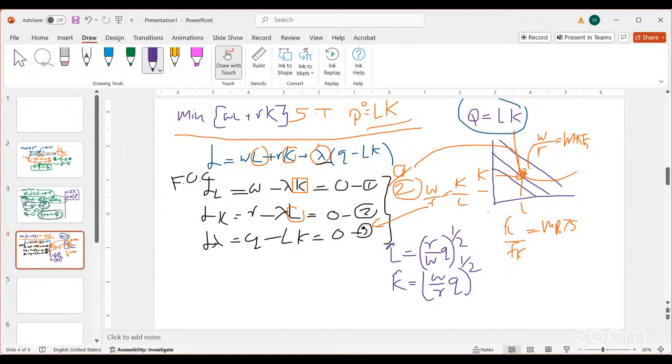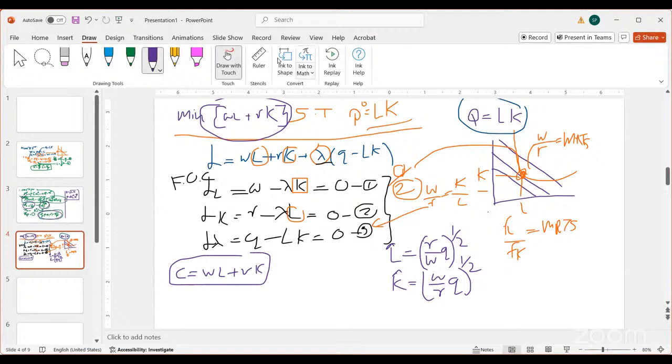So when you plug these into the cost equation here, this is the cost.